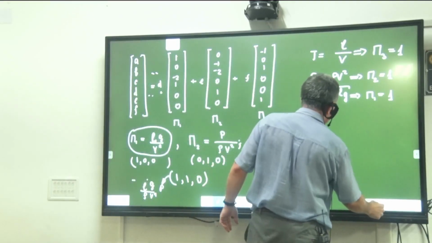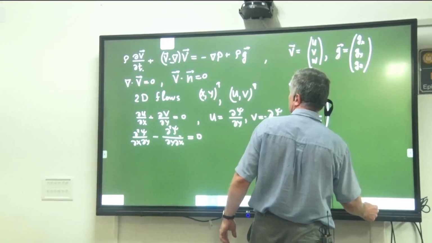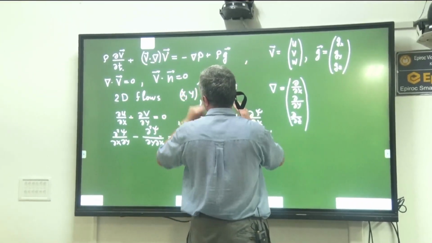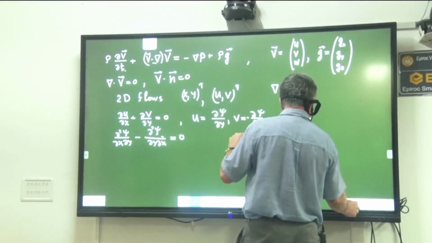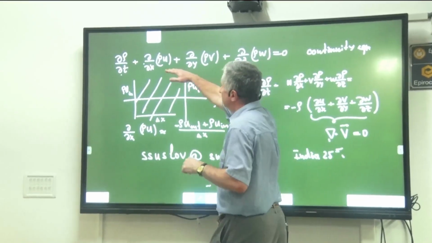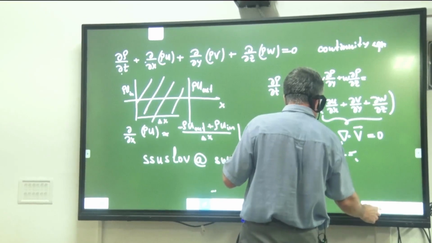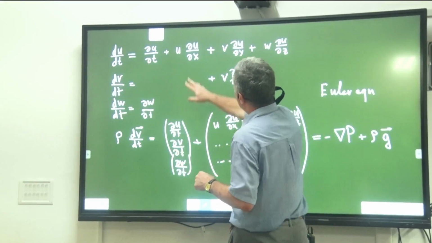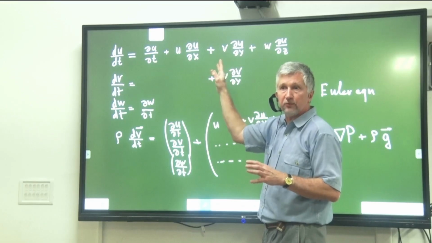And I remind you what the system of equations is. So that is the system of equations. If you are not comfortable with vector notation, then deal with the continuity equation, and this equation written in the component form.